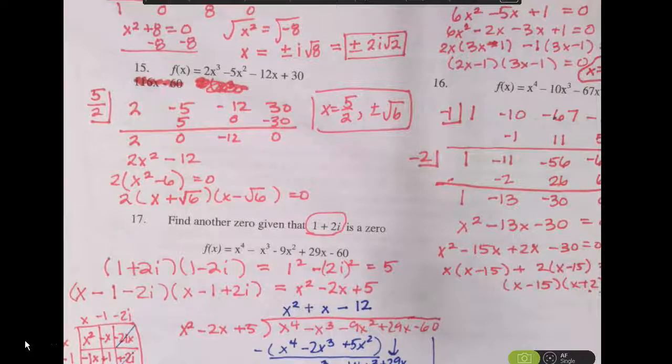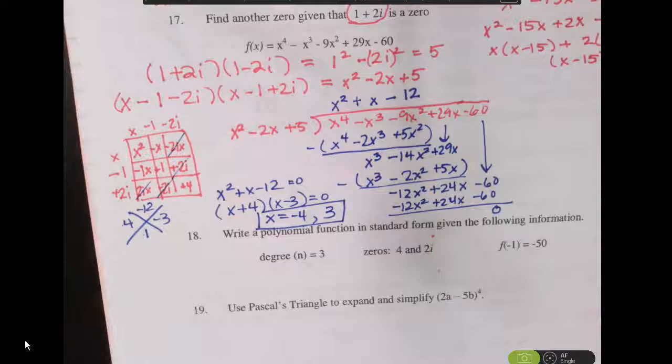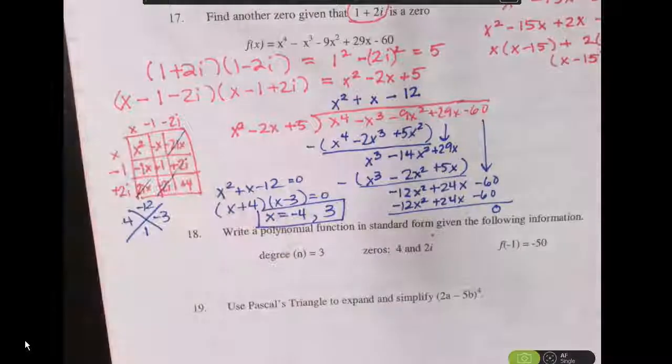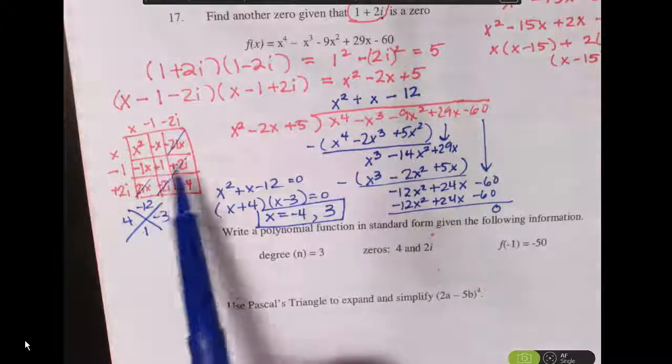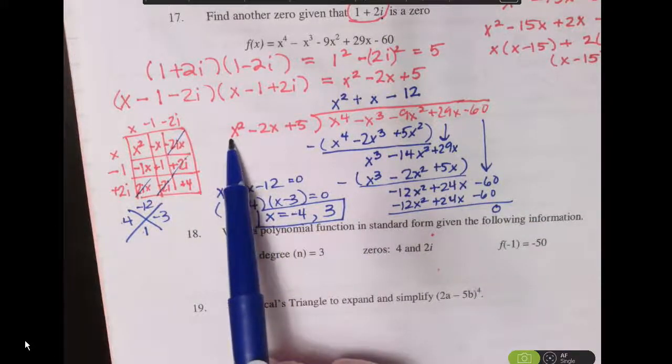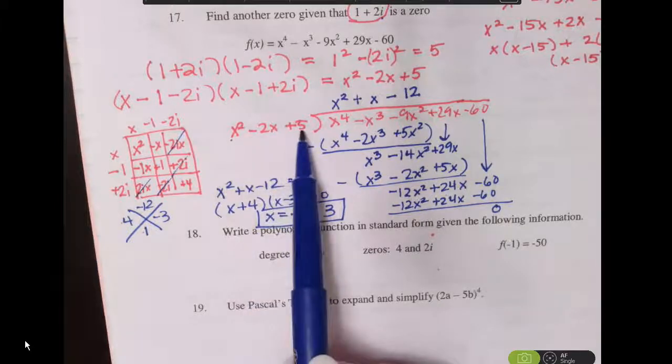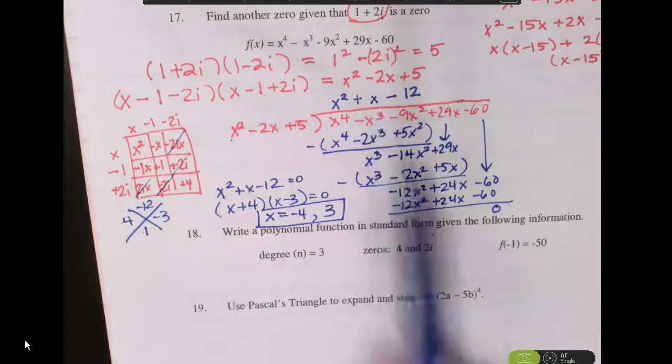So there's the other 2 zeros that are missing from that polynomial. But you see, when you're given an imaginary 0, the key was to find the polynomial that doesn't have any imaginary stuff in it that you could divide out and get what's remaining.